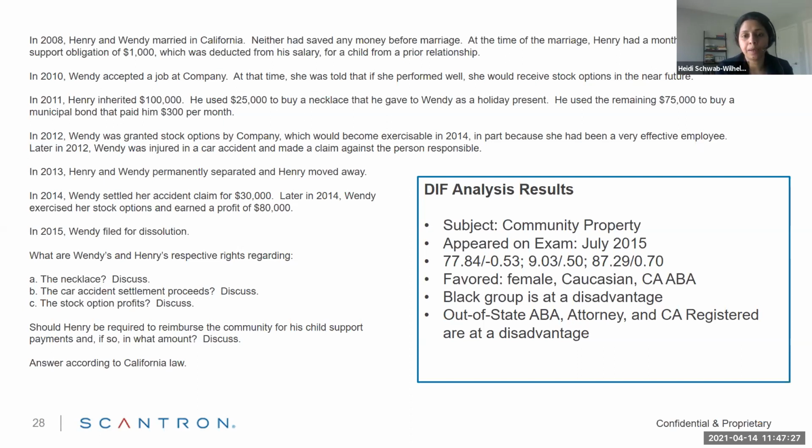Particularly the African-American community or pool of candidates taking this exam were found to be at a disadvantage. And also in the school type variable, out-of-state ABA attorneys and CA registered were found to be at a disadvantage. Okay, so why don't I just give everybody 30 seconds to familiarize yourself with the item itself.